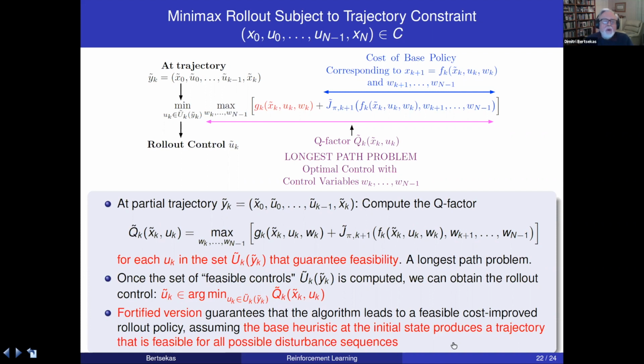So in a nutshell, all the ideas that we have discussed so far apply in modified form for these minimax problems, including the constrained version of the rollout algorithm. For stochastic problems, there's no constrained version of the rollout algorithm because of the presence of the disturbances which are stochastic. However, for minimax, you can apply constrained rollout.